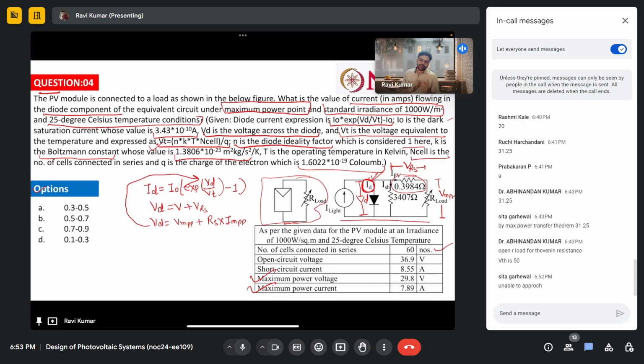So if you multiply IMPP, yes, Sita said VD equals 32.94. I thought this is right. If others verify, then it's fine. Solve further.